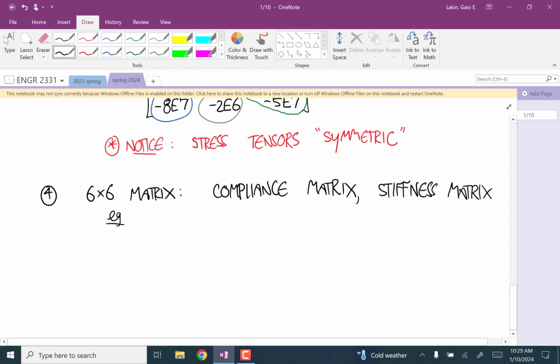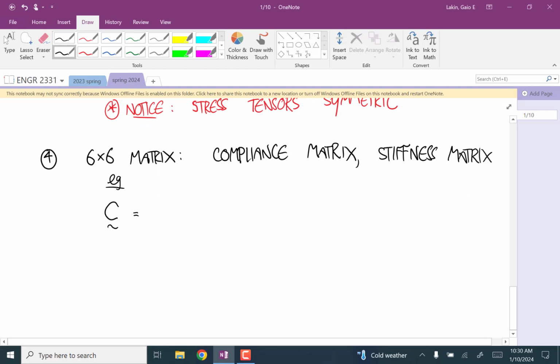Well, as an example, the way that you calculate the compliance matrix is, so the first row is 1 over this value called the Young's modulus, the stiffness of the material, negative Poisson's ratio, that's the Greek letter nu, divided by the Young's modulus.